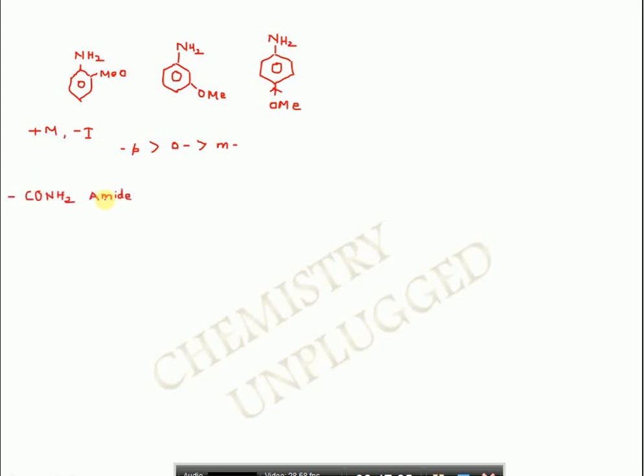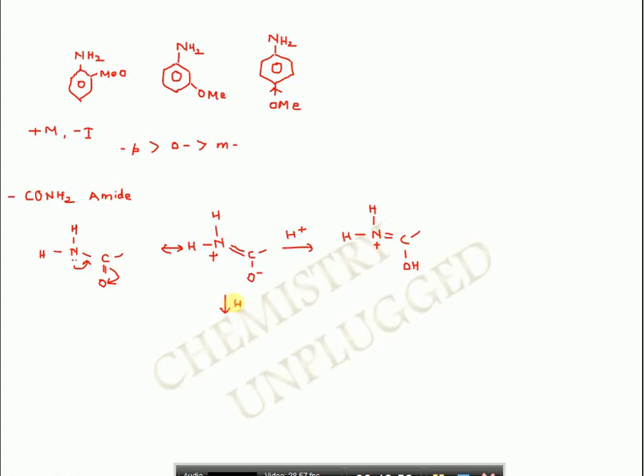The next group is amide. So we want to check whether amides are acidic or basic in nature. First we will draw its structure. Amide can exist in these two forms. If I provide a proton to the system, means when they are acting as a base, then this proton will attach on O minus. There is no other possible structure of this form when it is acting as a base.